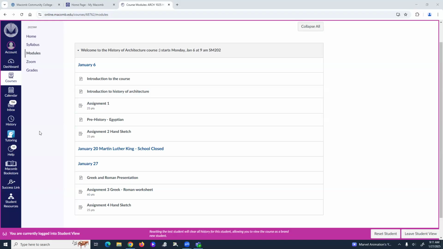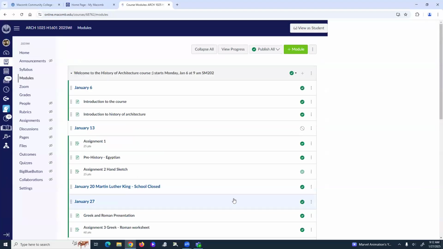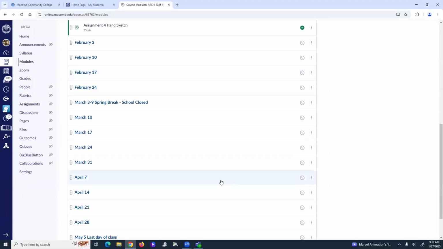I'm going to put the dates as a guide through what we talked about and where we're at. We do have a spring break, just in case you want to do some pre-planning, March 3rd through 9th, where the school is closed.